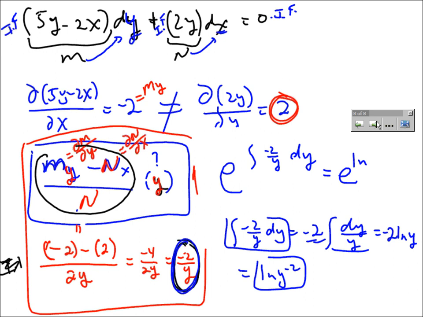So it's e to the ln of y to the negative 2. But e to the ln of anything is the anything. That is our integrating factor, y to the negative 2.